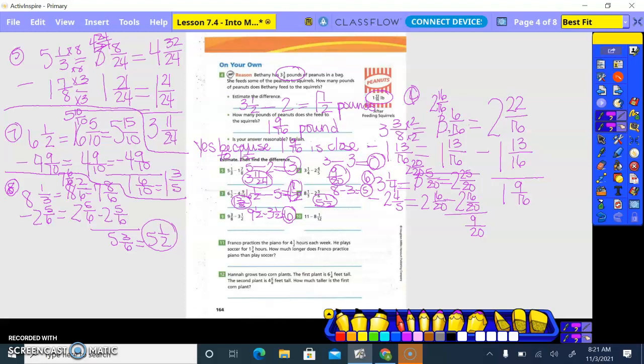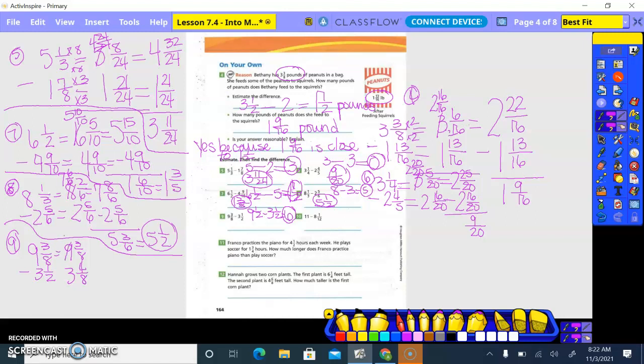Okay, so number 9. Okay, so 9 and 3/8 minus 3 and 1/2. So what's our common denominator? 8, right? So 3 and 1/2 is also 3 and 4/8. So can I take 4/8 from 3/8? Nope.